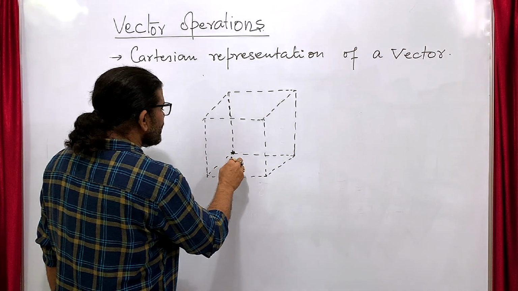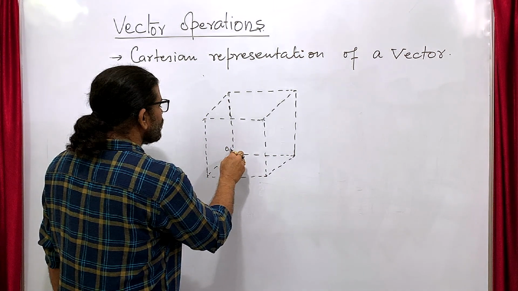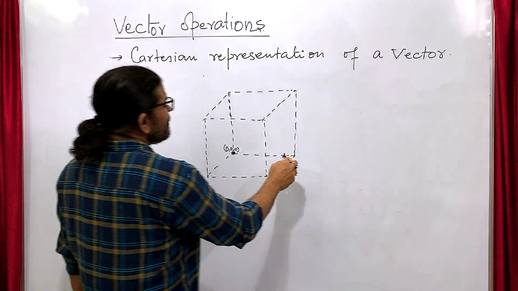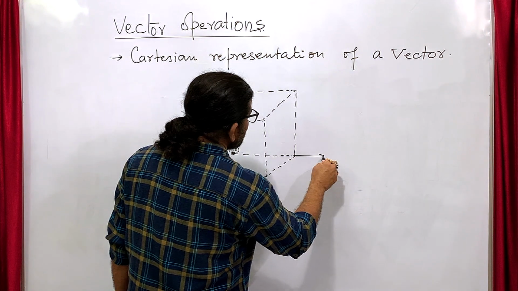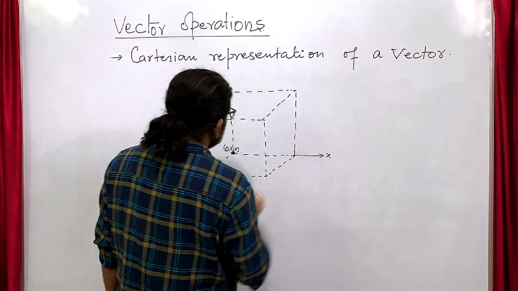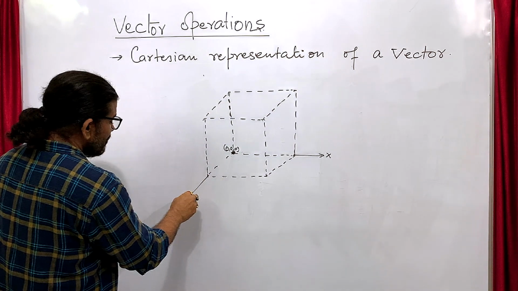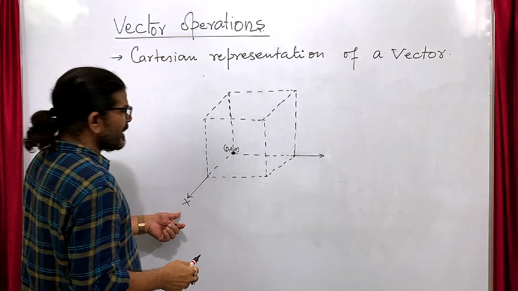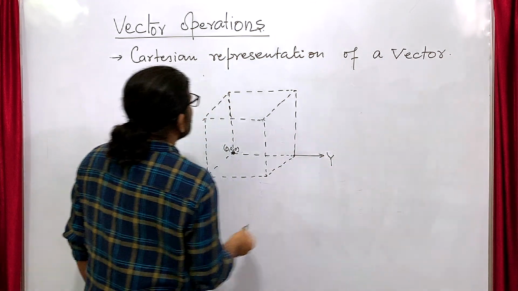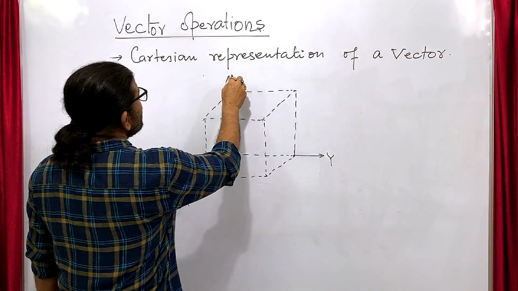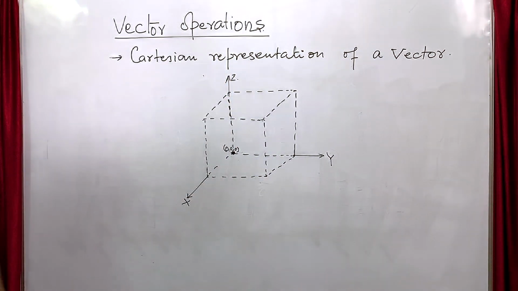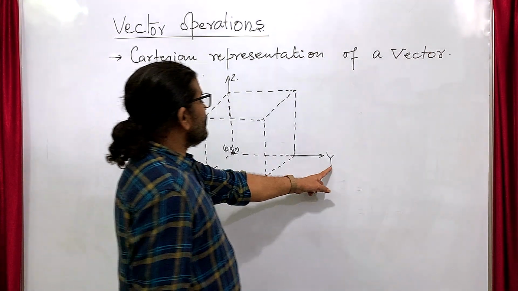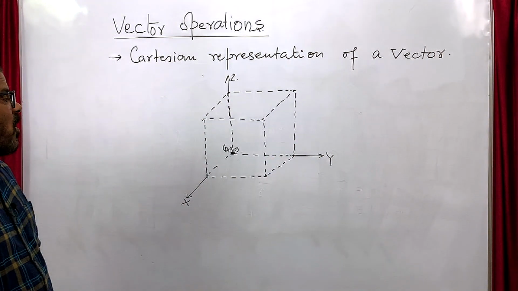This is the origin, its coordinate is 0, 0, 0. Suppose I am taking this as the x-axis, this as the y-axis, and this as the z-axis.